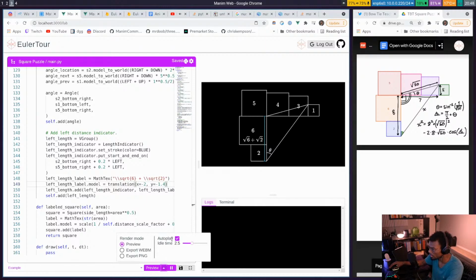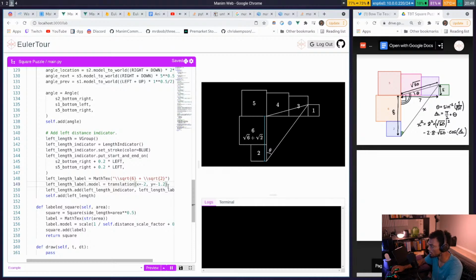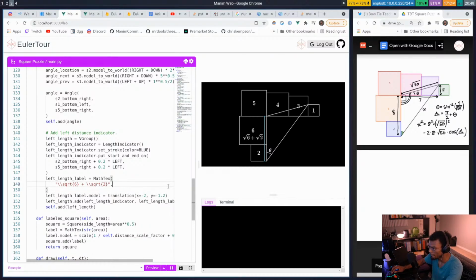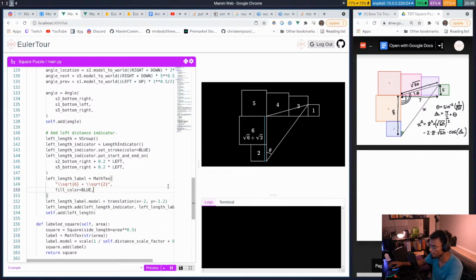That took way too long to autoplay. That's more like it. And then I'll just color this blue. Yeah, just so it stands out, I guess. It could be a lighter blue, maybe. I shouldn't be trying to do anything with the colors right now. Okay, sure. Maybe I want it smaller.